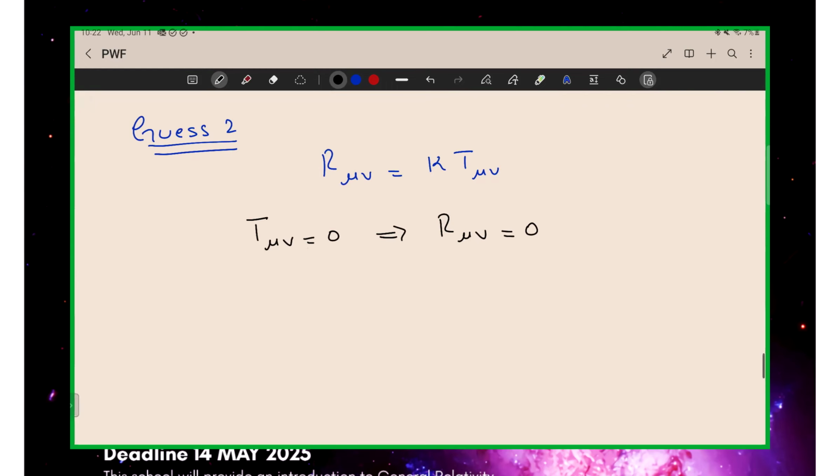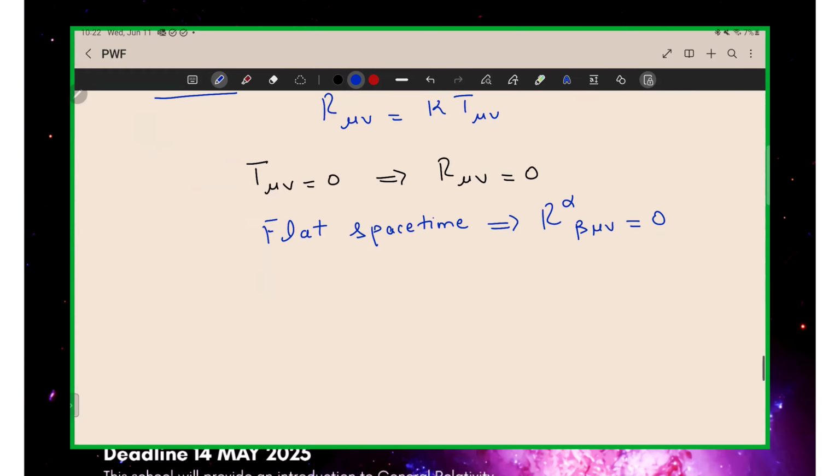Because if you have flat space time, it doesn't necessarily imply that the Ricci tensor is zero. It implies that the Riemann tensor is zero, right? If the Riemann tensor is zero, that implies that the Ricci tensor is zero. So if the Ricci tensor is zero, that makes it possible for the space time to be flat. It makes it possible, but it doesn't necessarily imply that the space time is flat.